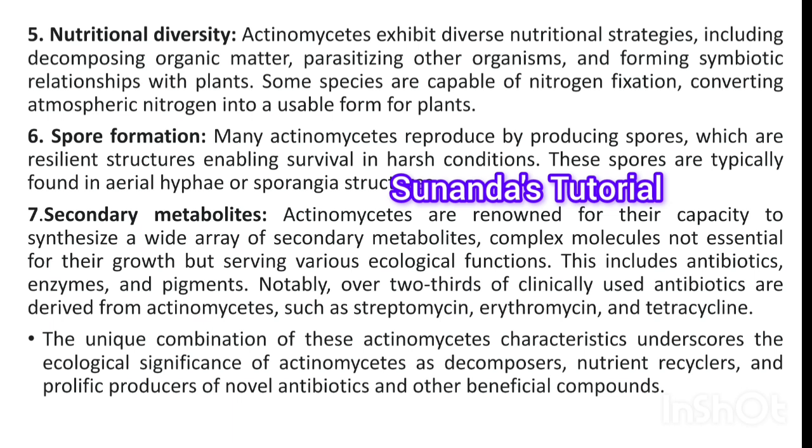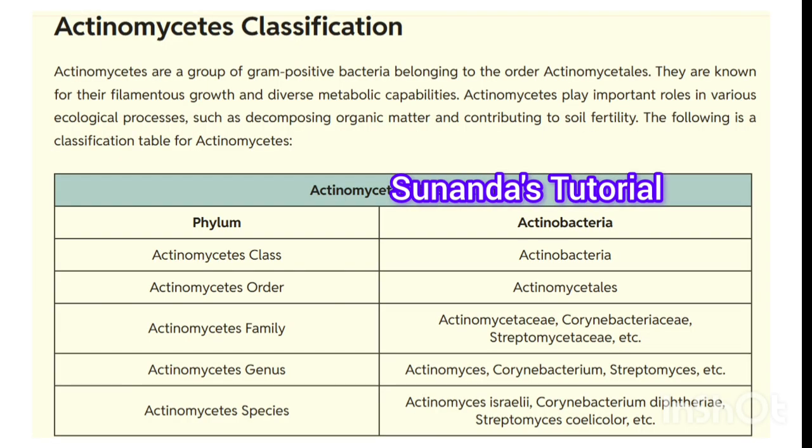Next, secondary metabolites. Actinomycetes have the capacity to synthesize a diverse array of secondary metabolites. These are extremely important for their growth, serving various ecological functions, and these secondary metabolites include antibiotics, enzymes, and pigments. Next, their classification.